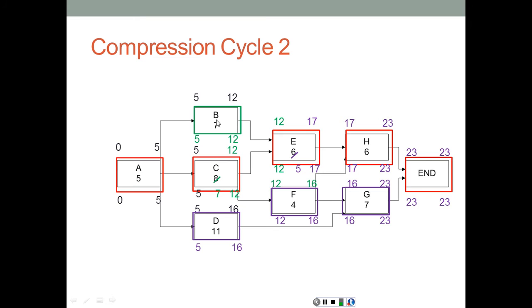So it's either B, C, G and D together, or E, G and D together, or H, G and D together, because F is incompressible, or maybe looking at activity A, which is the common activity in all paths. If we compress activity A, that might end up being less expensive.